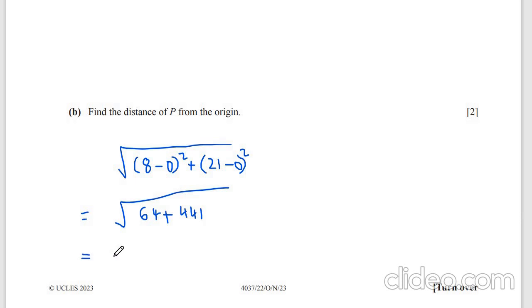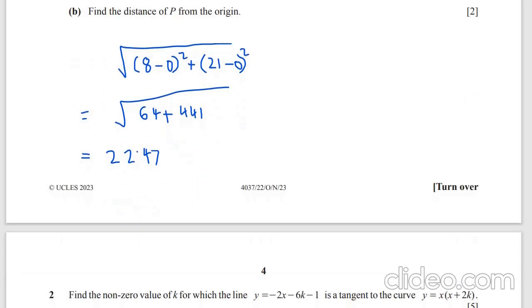So it will come down to something like 22.47. So that was the answer to question 1.